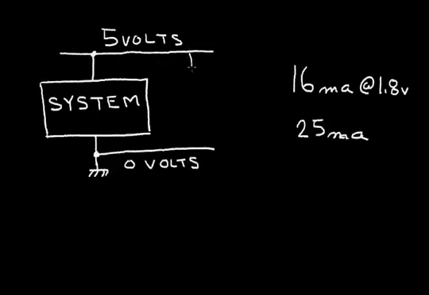So I could put my LED this way, and I could put a resistor here to limit the current, or I have another choice. I could put my resistor up here and put my LED down here.